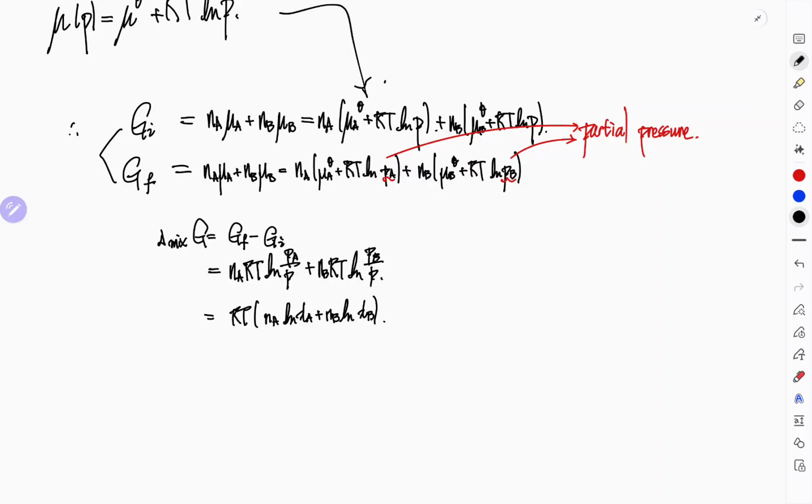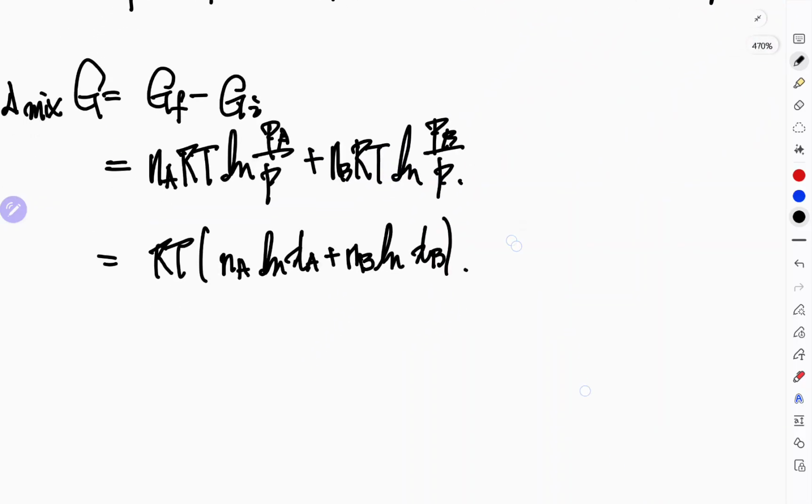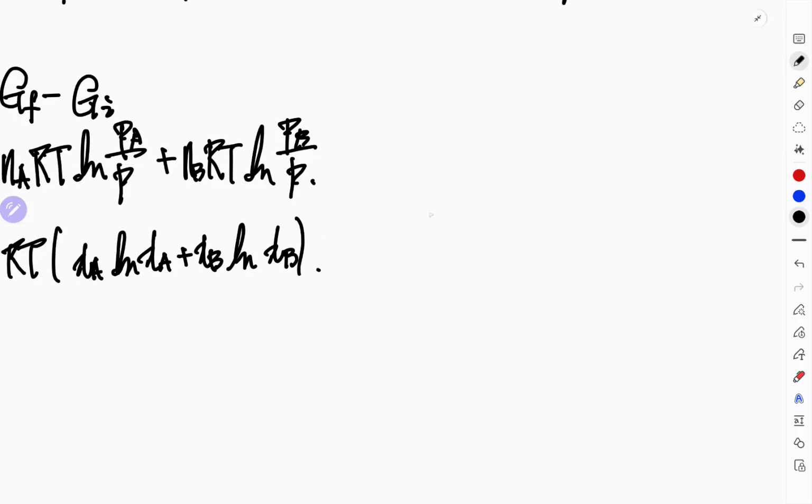So this would be nA, and this is xA. Now we arrange this change of Gibbs energy: nRT (xA ln xA plus xB ln xB). So we make this equation a simpler form.